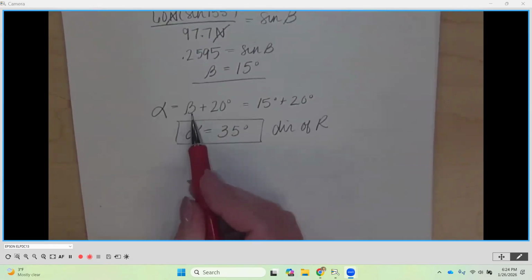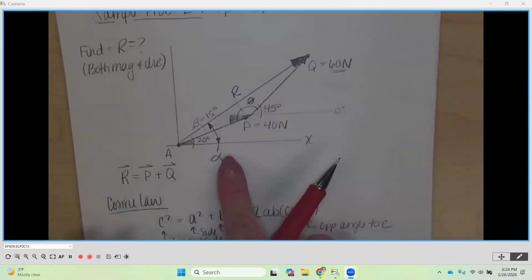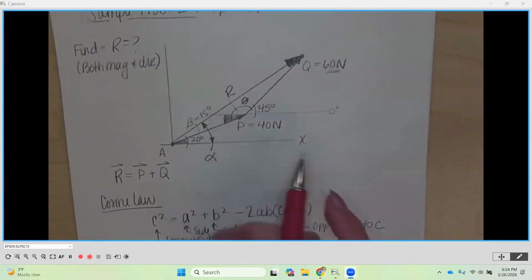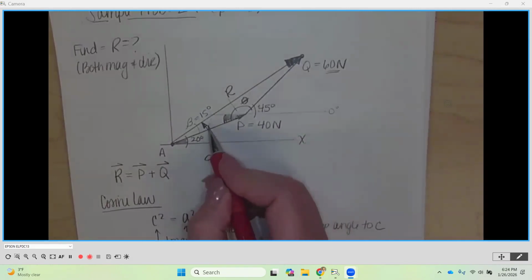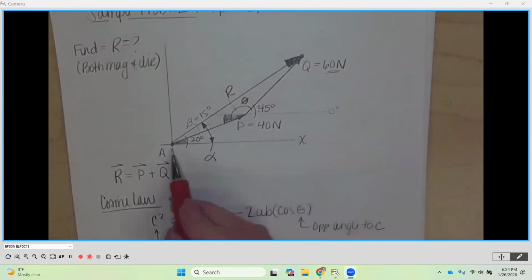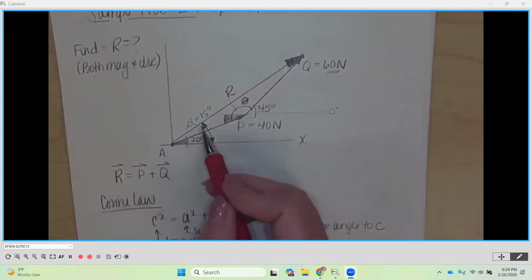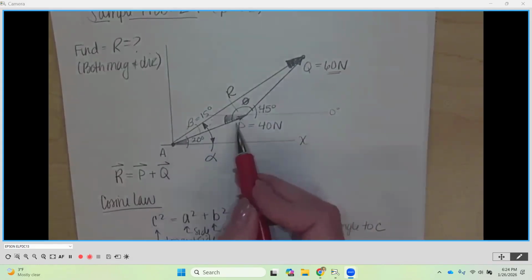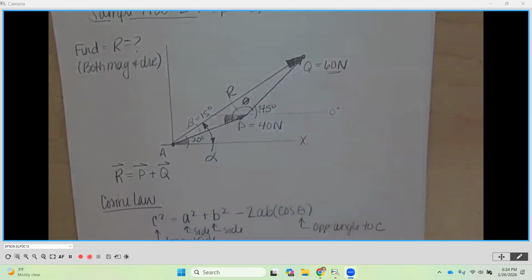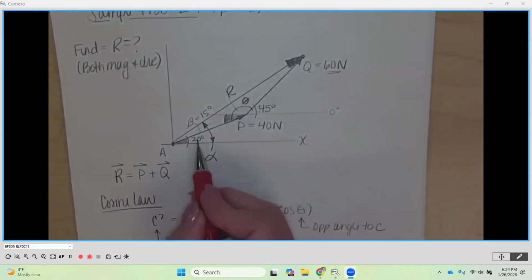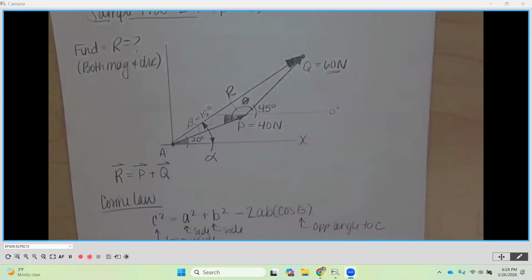Now, again, how did I get that? If I go back over here, you have to show on your diagram that alpha, this angle, is from 0 degrees X to the resultant. Okay. And because we calculated our beta, that was 15 degrees, then we add the 20 because that's outside of our triangle where P is. Alpha is equal to 20 plus beta, or 20 plus 15, and that's 35 degrees. Okay.